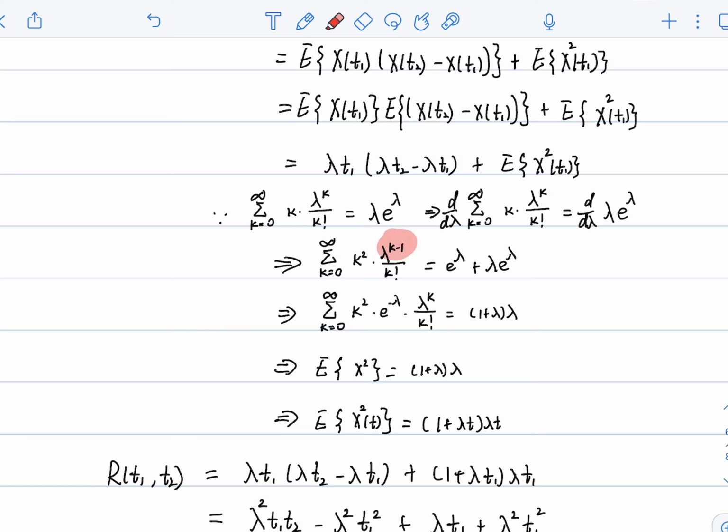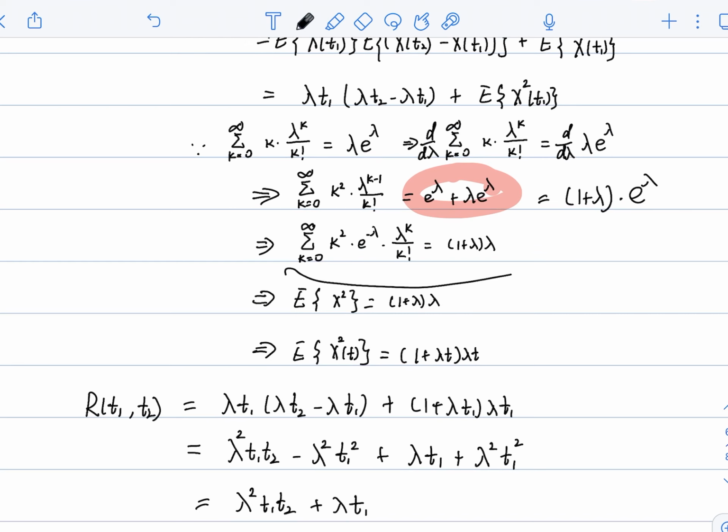And we know that because k is limited to positive infinity, k minus 1 is equal to k. Finally, this one is equal to 1 plus lambda times e to the lambda, and e to the lambda can be moved to the left part, and we get this value.